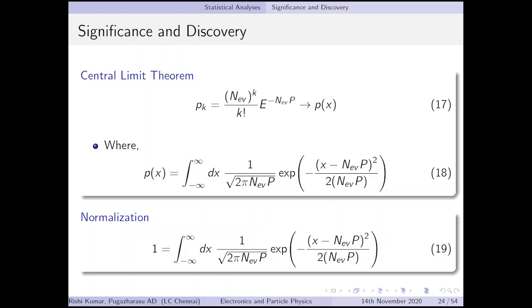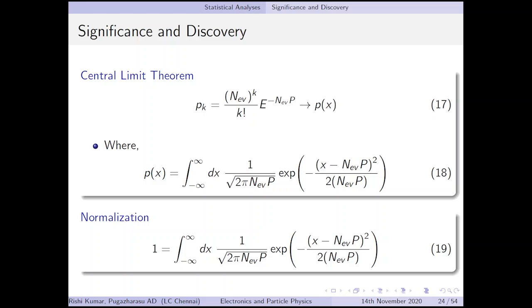The central limit theorem is just this equation right here, which is that (Ne)^k by k factorial, e^(-Ne), essentially tends to p(x), which is our probability. So p(x) is this function right here.